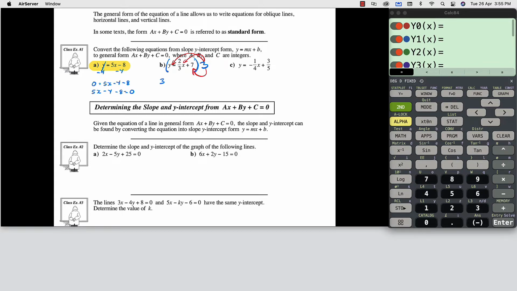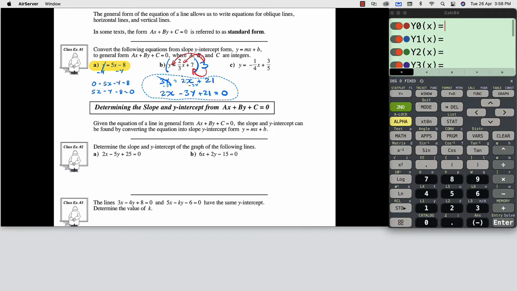That gives us 3y equals 2x plus 21. Now I want the x to be positive, so we will move the 3y over by going minus 3y minus 3y. That cancels right there, leaving us with 2x minus 3y plus 21 equals 0.